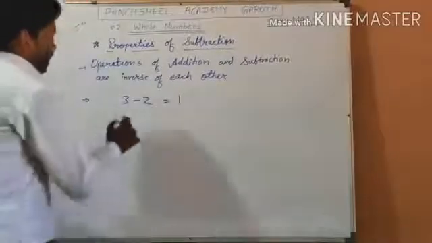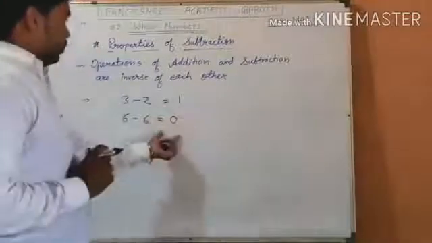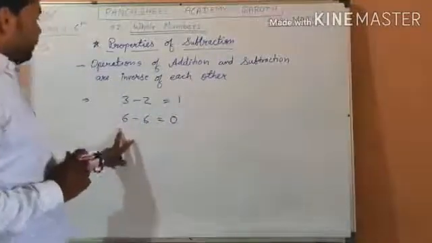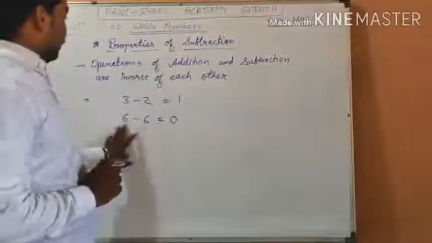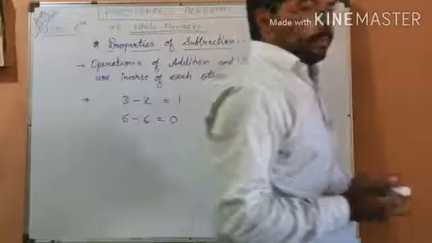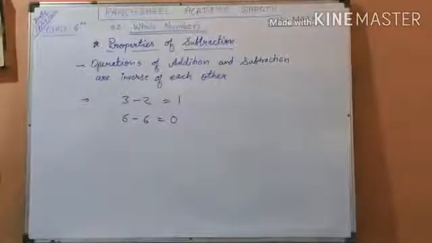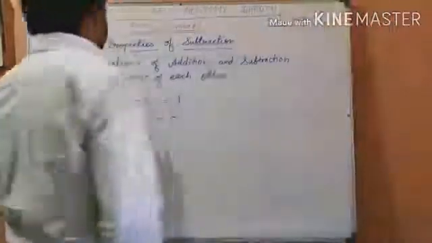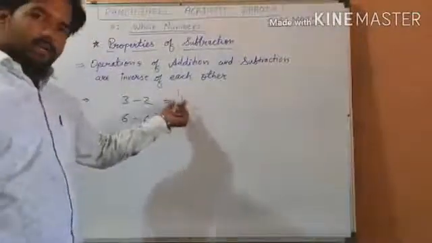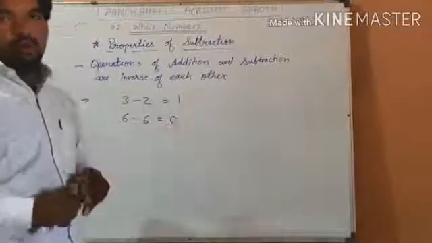If I subtract 6 minus 6, we get 0. Can we say this is a whole number? Yes, 3 minus 2 is 1, it is also a whole number. 6 minus 6 is 0, it is also a whole number.